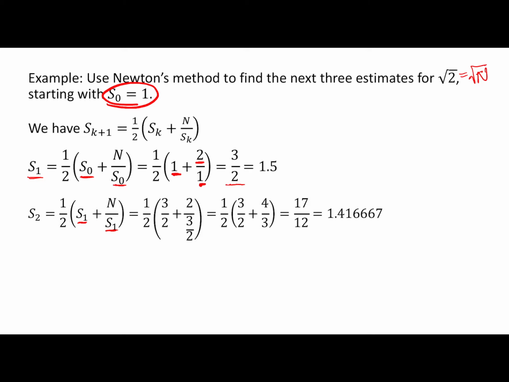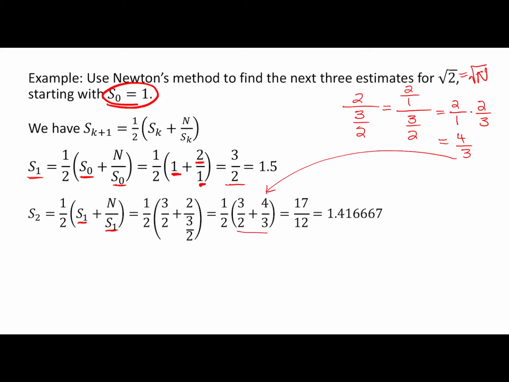All right, let me just make sure we're all confident about dealing with this. 2 divided by 3/2, I can think of as 2 over 1 divided by 3/2, and that's the same as 2 over 1 times the reciprocal 2/3, which is 4/3. Okay, so that's where that 4/3 there came from.